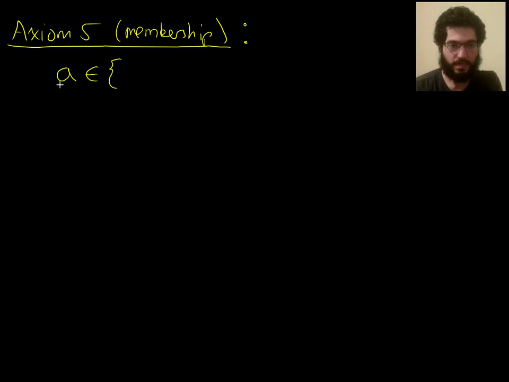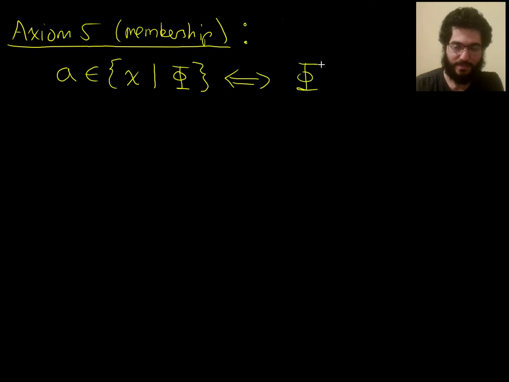Okay, so axiom 5. A is in the set of X such that phi is true if and only if phi holds if you were to replace all the X's by A. So that's the axiom.